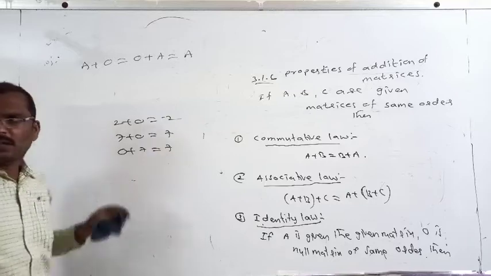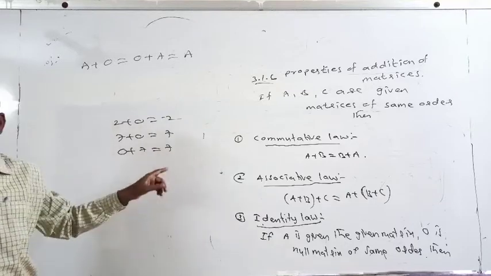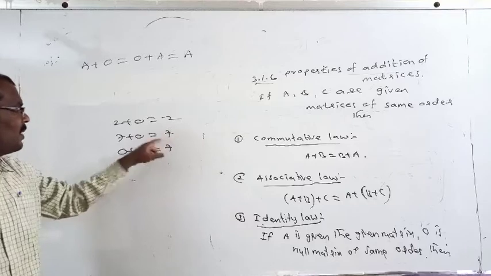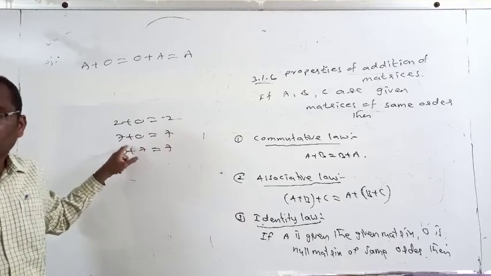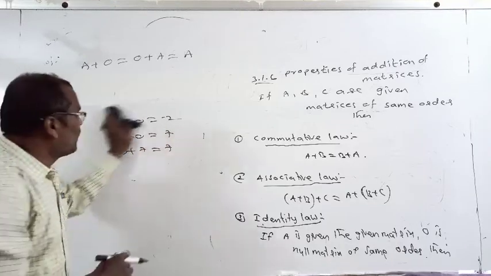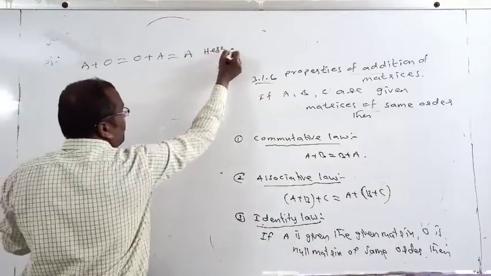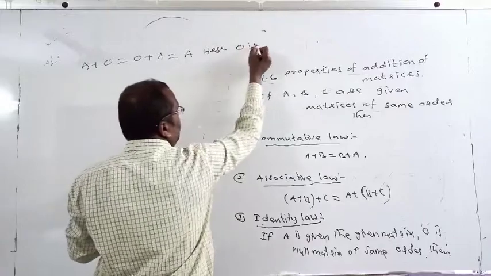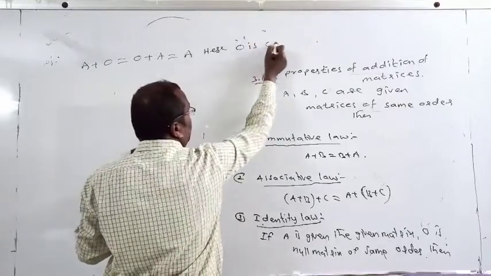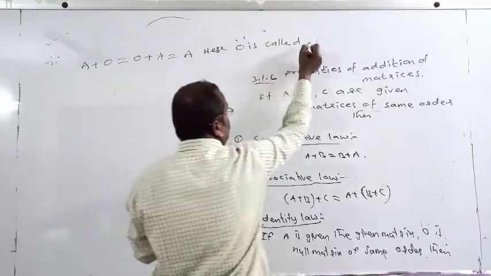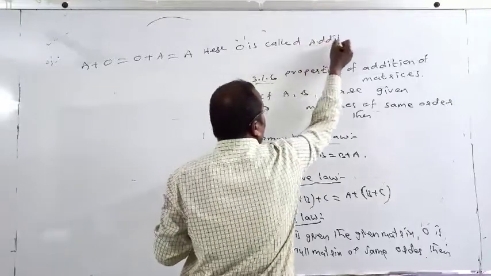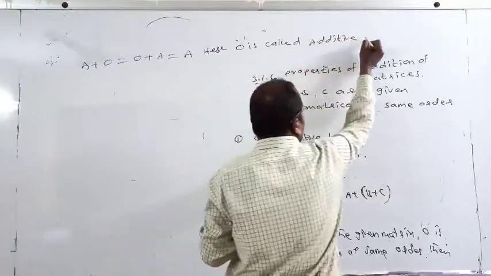So like that, when 0 is added to some number, the resultant number is the same as the given number. The number is unchanged. So like that, here O is called additive identity now.